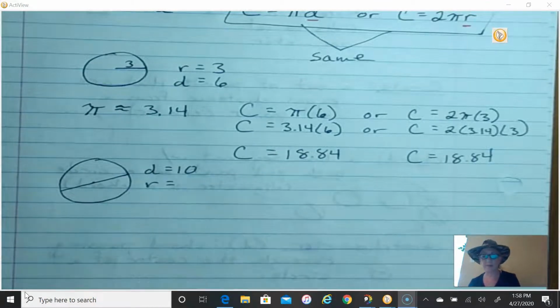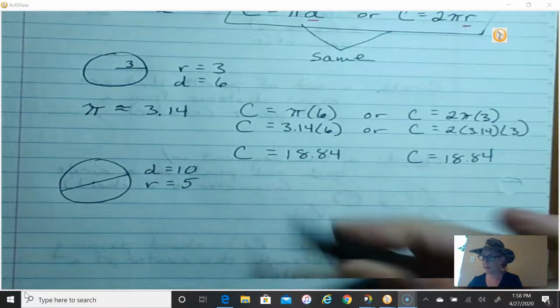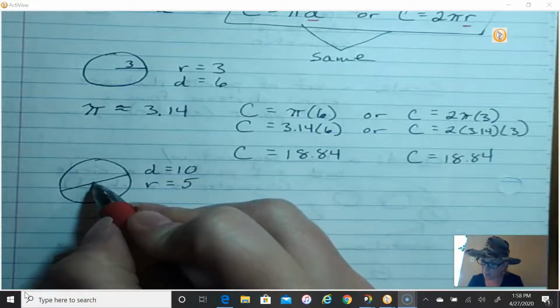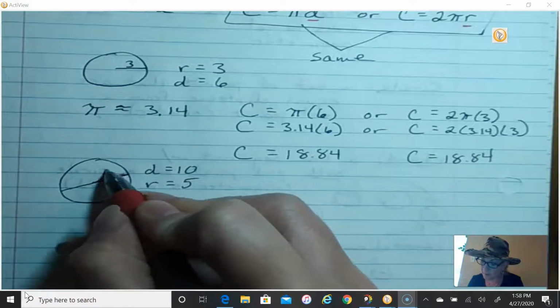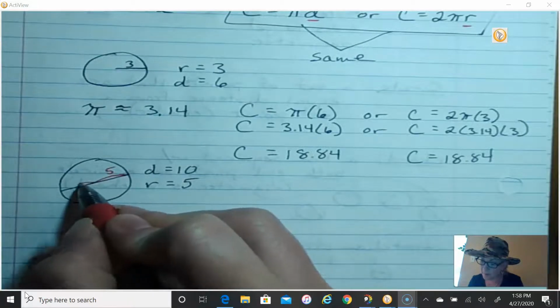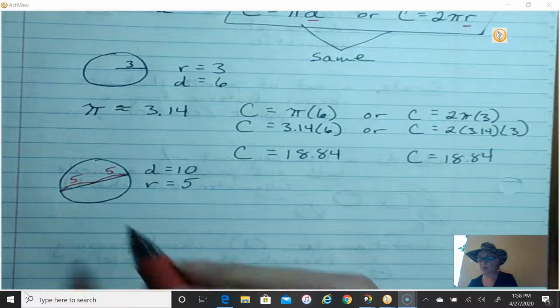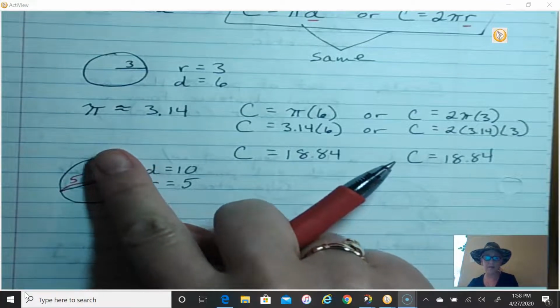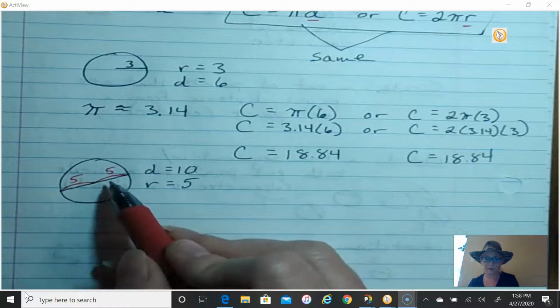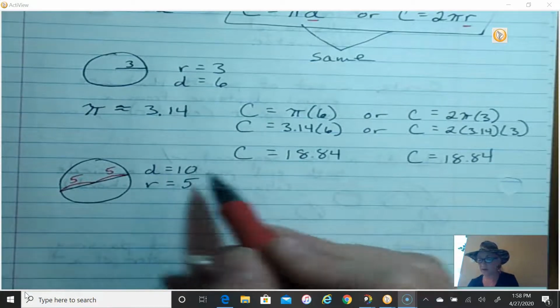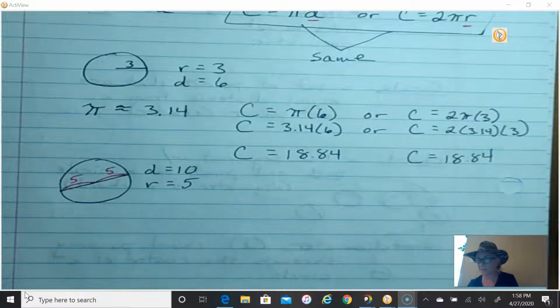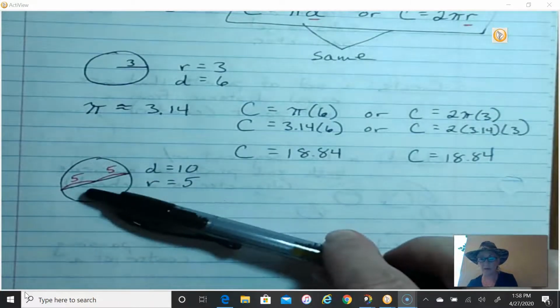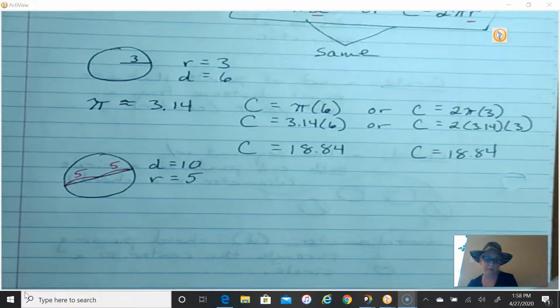What would the radius be? 5. Because from the center to the end is 5, and from here to here is 5. Remember, radius makes up half of the diameter. 2 radiuses, or radii, will give you the diameter. So no matter what they give you, you can figure out the other.